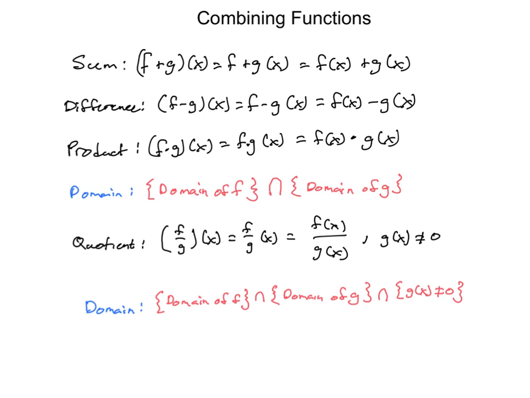So the domain of a quotient is the intersection of the domain of f and the domain of g, along with the values of x where g of x does not equal 0. Any value where g of x is equal to 0 needs to be excluded.